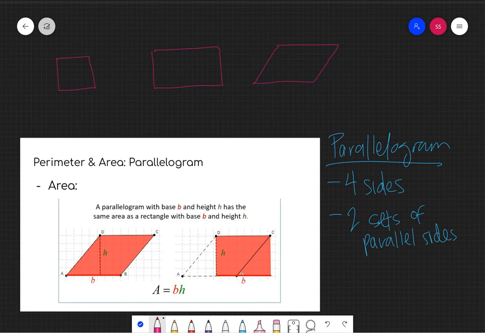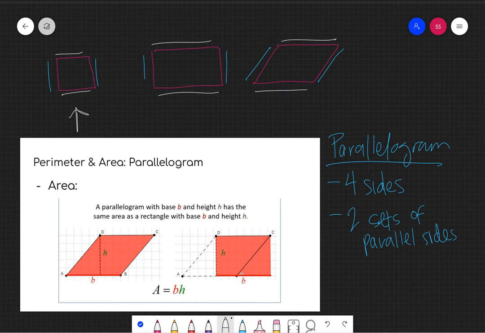We have a square. This side and this side would be parallel to each other, and these two sides would be parallel to each other. Same with the rectangle. We have those two sides that are parallel to each other and these two sides. So total we have four sides, and there's two sets of parallel sides. Same with the slanted one. This side is parallel to that side, and the top is parallel to the bottom.